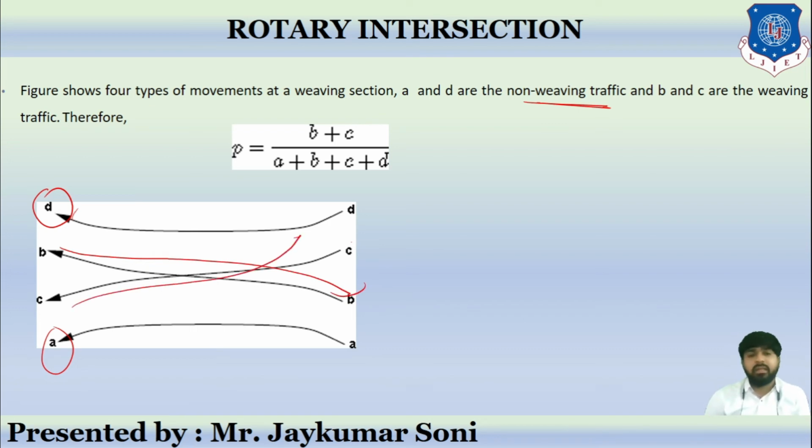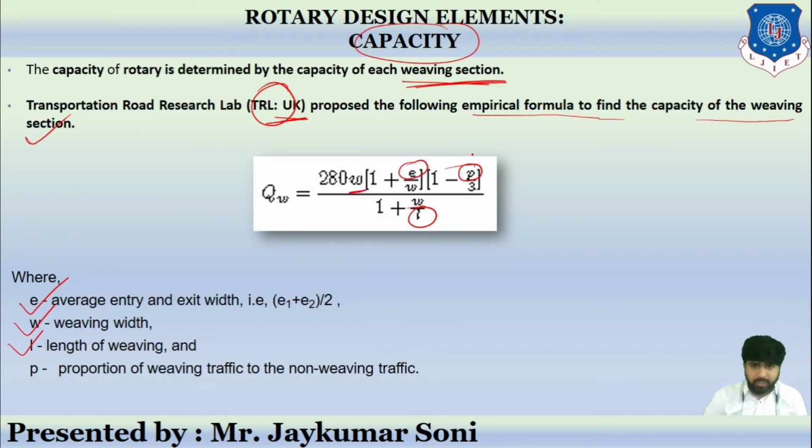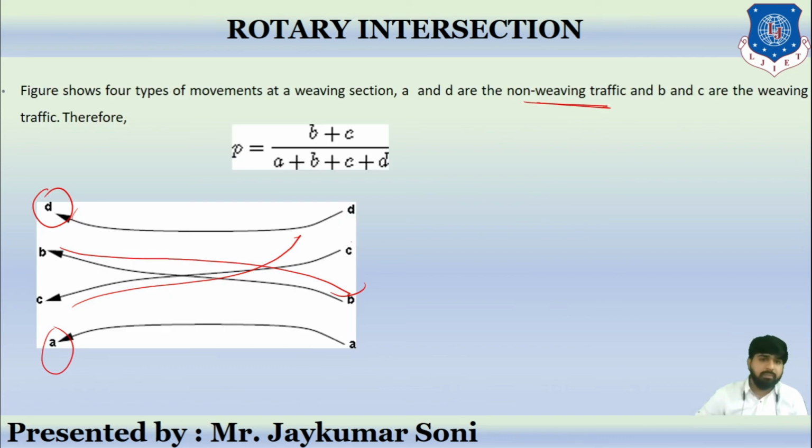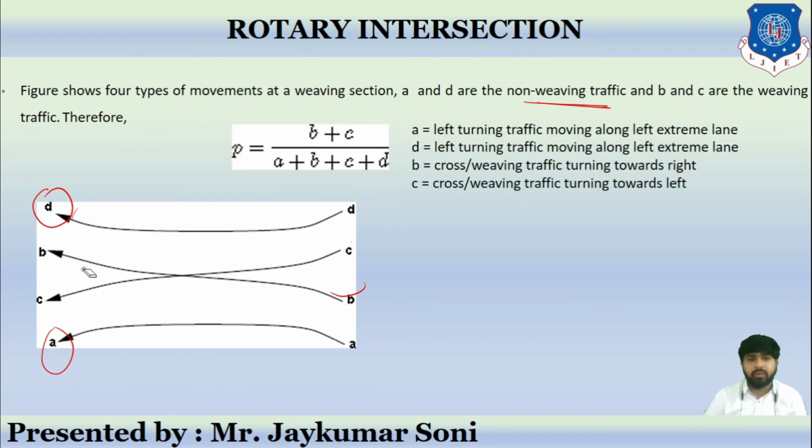So the P that we have in this equation would be calculated by the equation (B + C)/(A + B + C + D). This will be given in the statement, where A stands for left turning traffic along the left extreme lane. The D stands for right turning traffic moving along the left extreme lane.